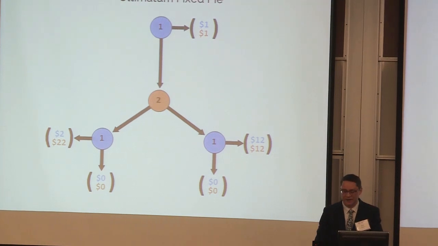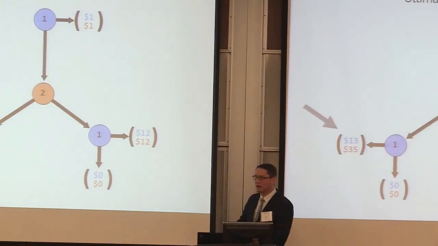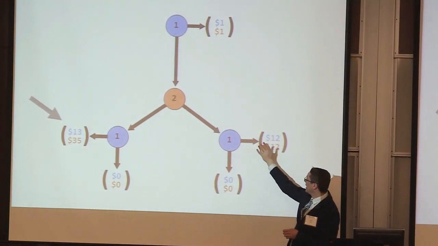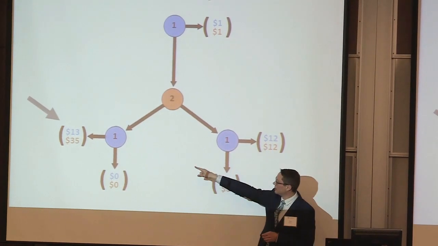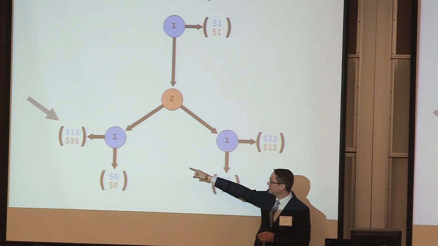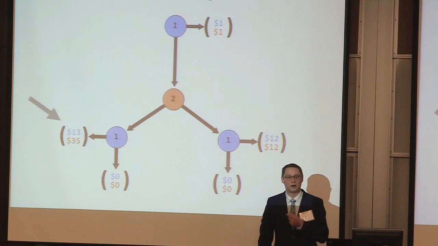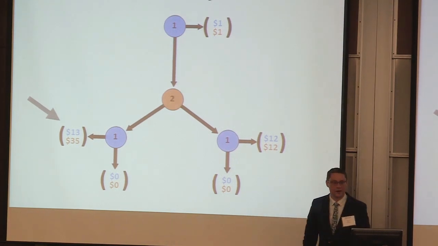We also want to compare that to what happens if we enlarge the pot. So here, 1 is consenting to play to get 12-12, or 1 can decide 2 goes to the left. 1 can take $1 more for himself, but $35 for the other person.